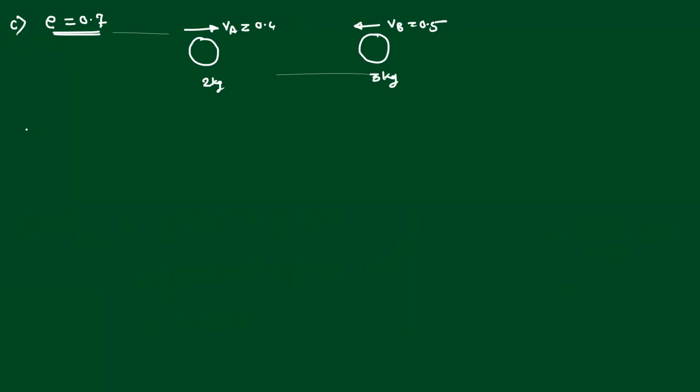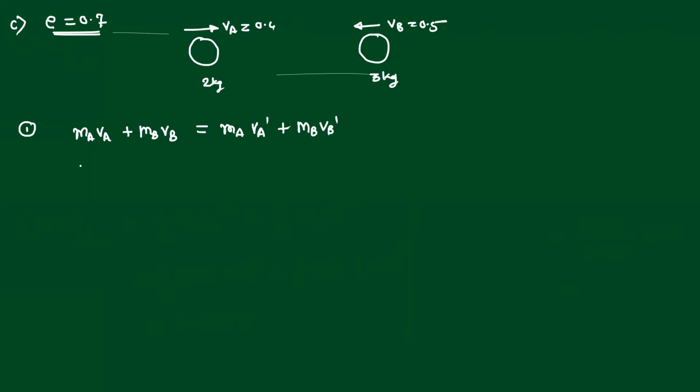Okay, so first equation is the conservation of momentum equation. So mass of A, velocity of A plus mass of B, velocity of B, is equal to mass of A, velocity of A after impact, so Va dash, plus mass of B, Vb dash.